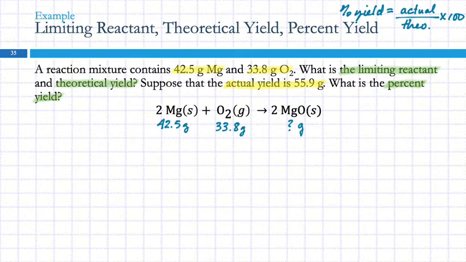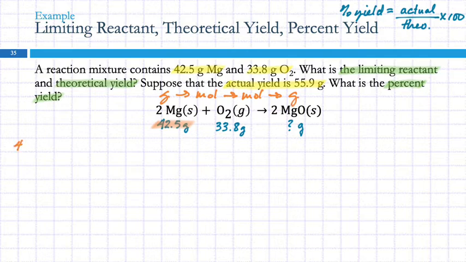So I'm going to set up two equations. First I'm going to look at this one. I'll write that one in orange, maybe that'll help. So the idea here for everything is grams to moles to grams.